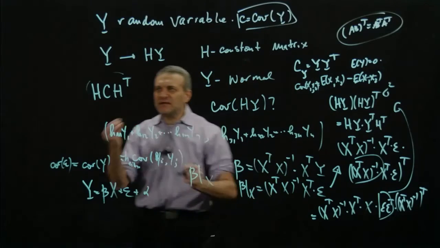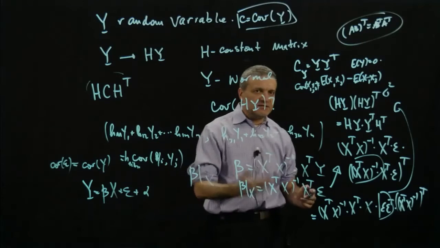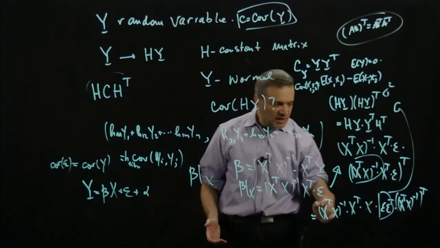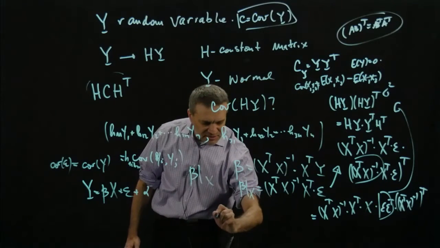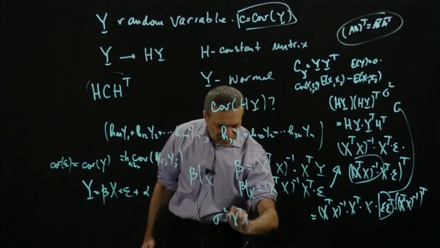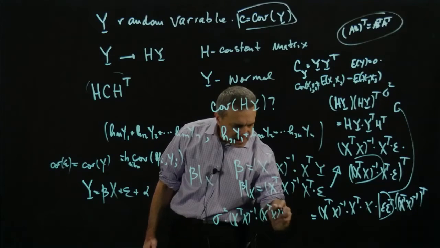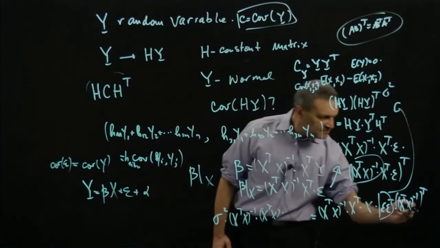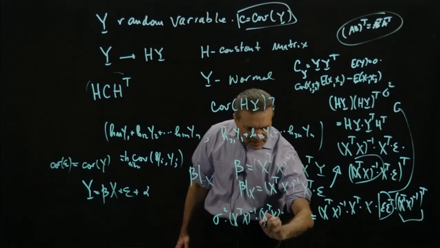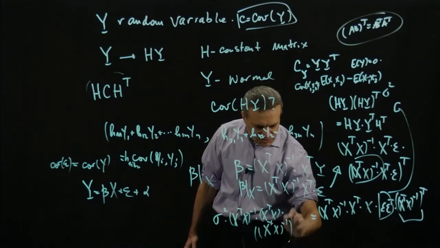If you take a matrix H and multiply it by a diagonal, it's just like multiplying the matrix by the number. So you can say that this is sigma squared times X transpose X inverse times X transpose X. And now you multiply by this guy, X transpose X inverse transpose.